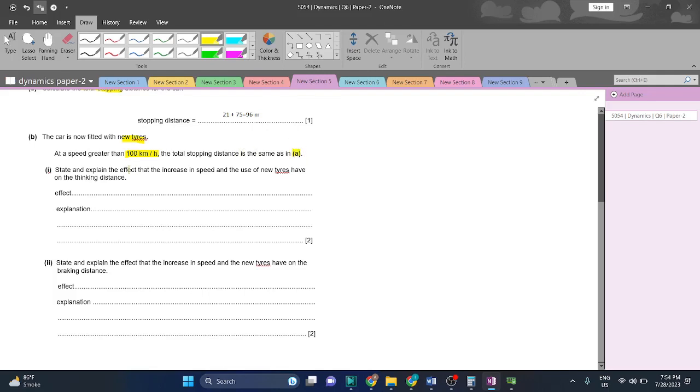State and explain the effect that the increase in speed and the use of new tires have on the thinking distance.